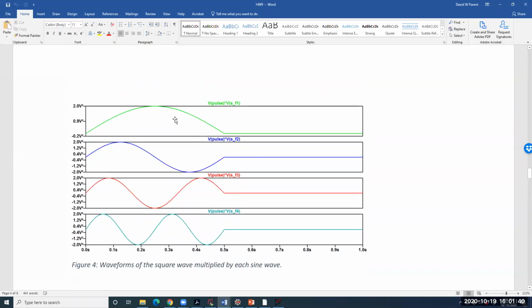Sine frequency 1, sine frequency 2, 3, and 4. And just by kind of doing that error, you can tell, this looks like it goes up to 2, down to 2. The area is going to be 0.